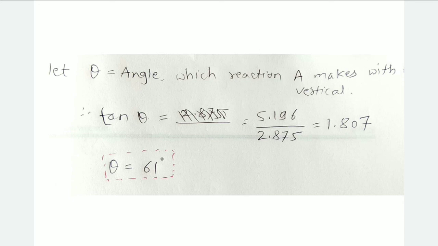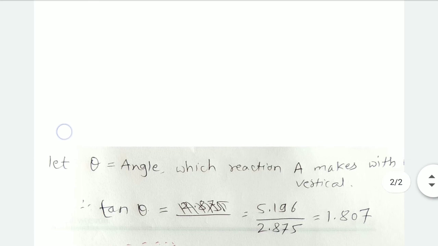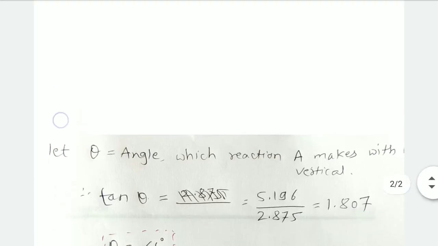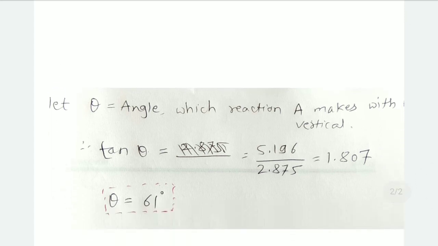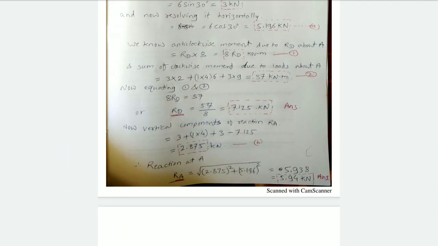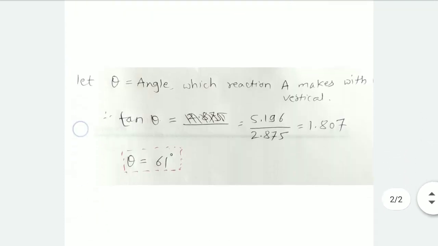So tan theta is equal to the horizontal force, 5.196, divided by 2.875, which is equal to 1.807, and taking tan inverse of 1.807, we get theta as 61 degrees. So this numerical has the answers RD 7.125, RA 5.94, and the angle of inclination of reaction A is 61 degrees. Thank you.